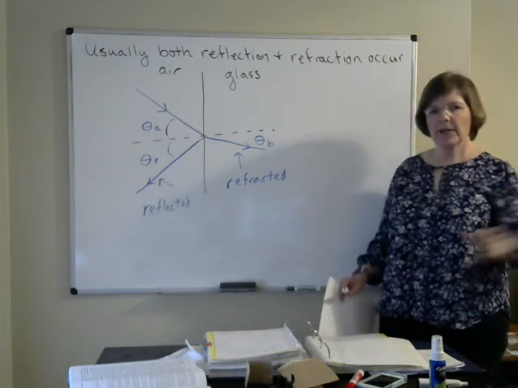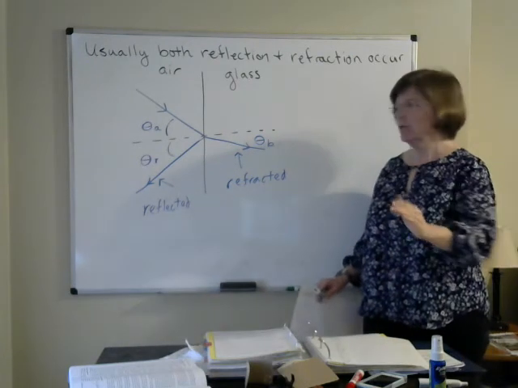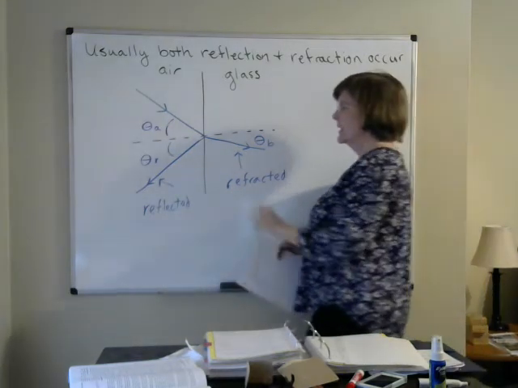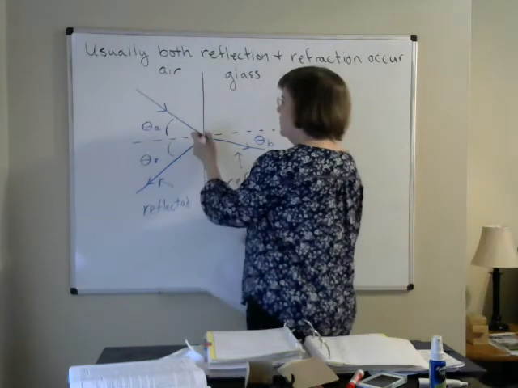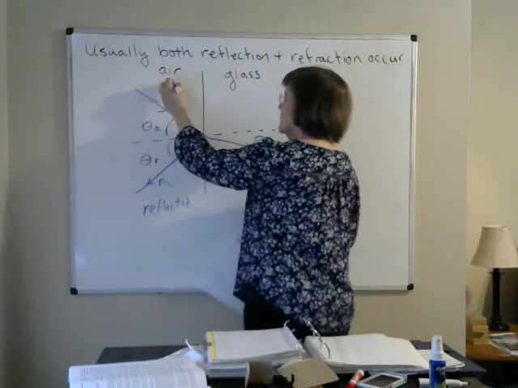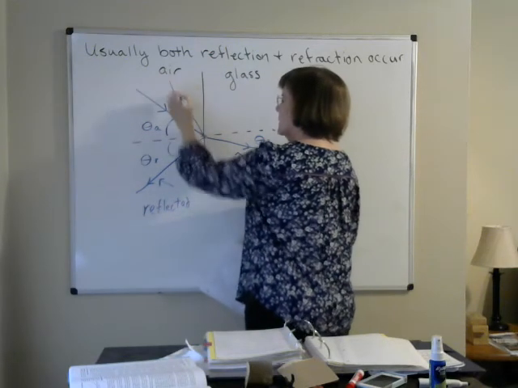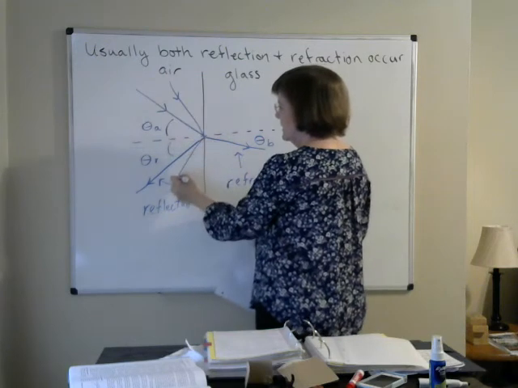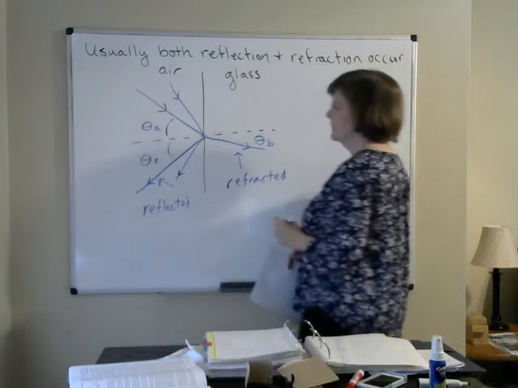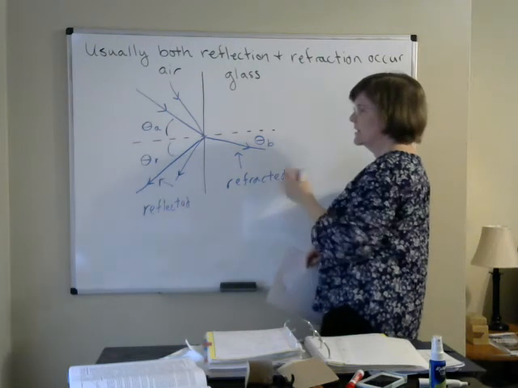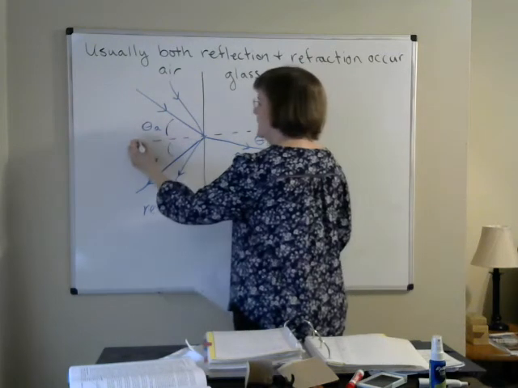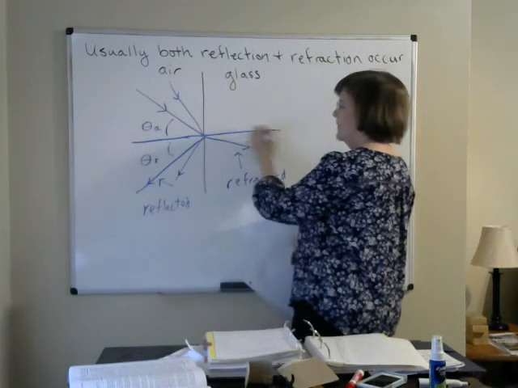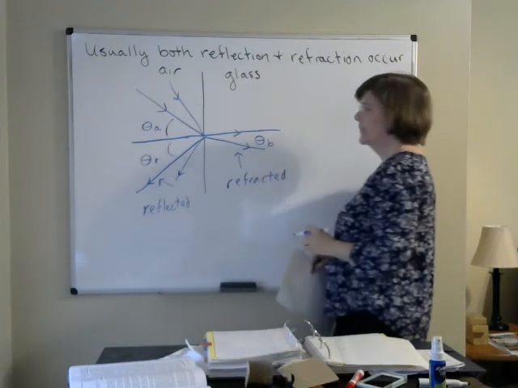But if you throw it at a really shallow angle, it might just glance right off the top. So generally, if I increase this angle, the bigger that angle is, the more likely it is to be reflected. On the other hand, if I make it really small, like if I go straight in, most of that ray will be transmitted.